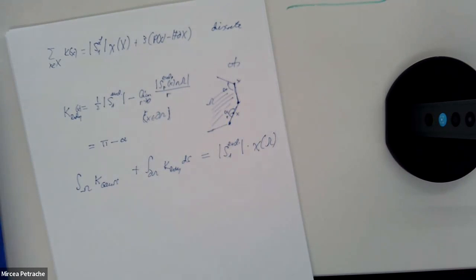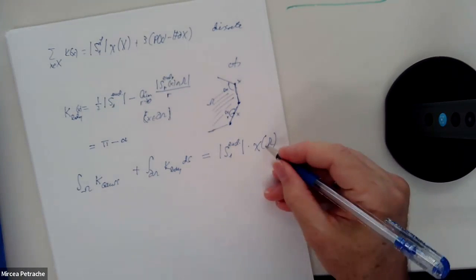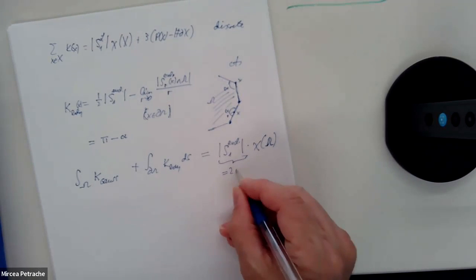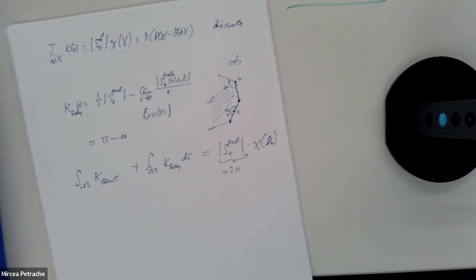So for this set I've drawn here, it would be just 1, but this thing here is a 2 pi. So I'm just saying the 6 that showed up in my discrete Gauss-Bonnet is the 2 pi of the continuous guys. Okay, so the 6 is really the discretization of 2 pi.